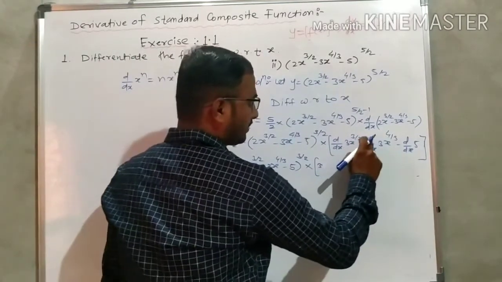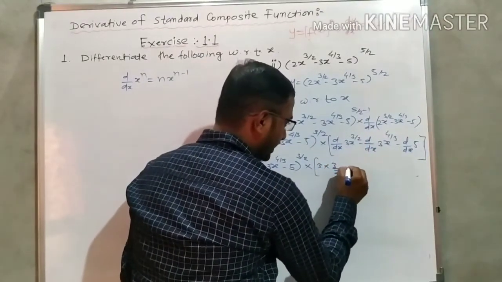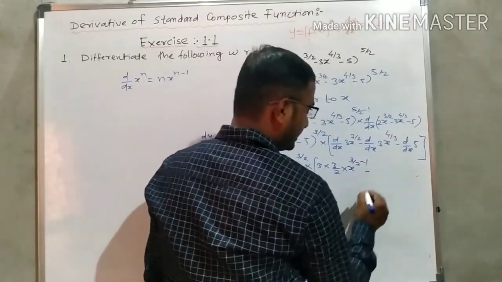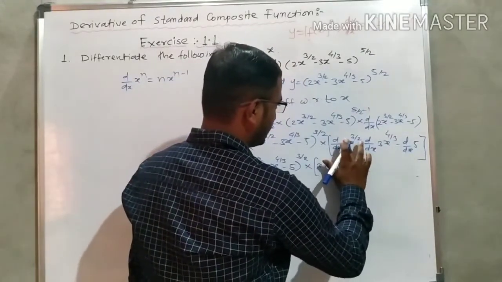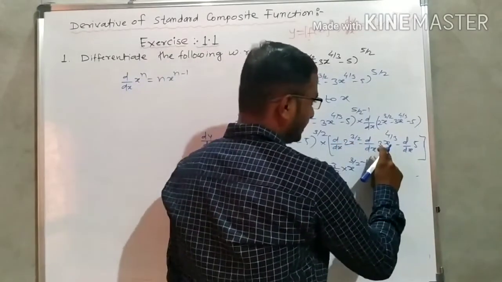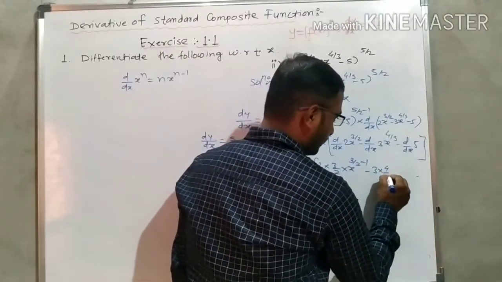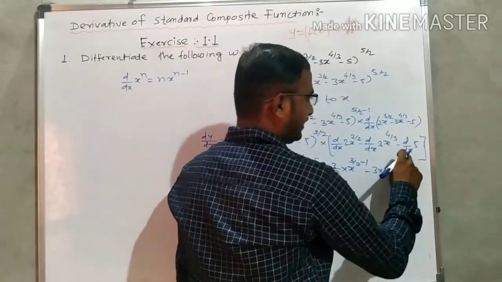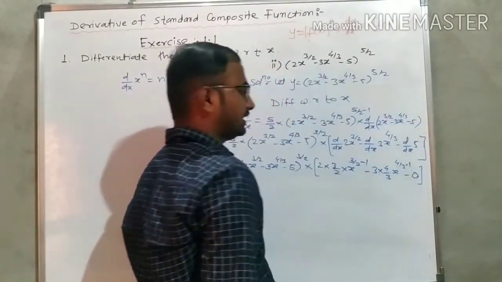So for x to the power 3 by 2, it is 3 by 2 into x to the power 3 by 2 minus 1, and the constant is 2. Then 3 into the derivative of x to the power 4 by 3, which is 4 by 3 into x to the power 4 by 3 minus 1. And 5 is a constant, and the derivative of a constant is 0.